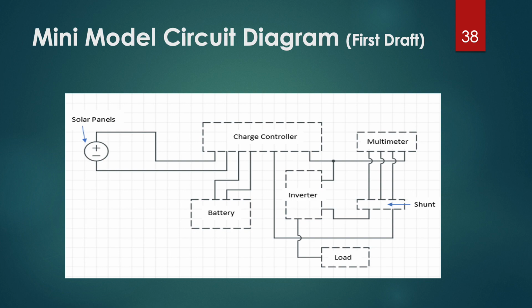This means that the solar power generated from the panel will go through the charge controller, and we can reroute that energy to the battery to be stored, or through the inverter to be used as AC. The inverter then sends the energy through the load.